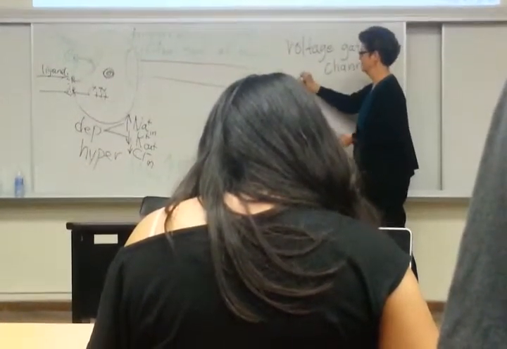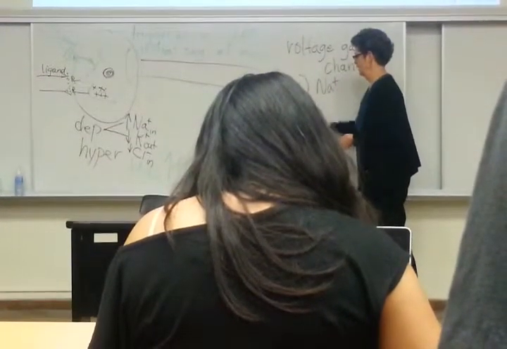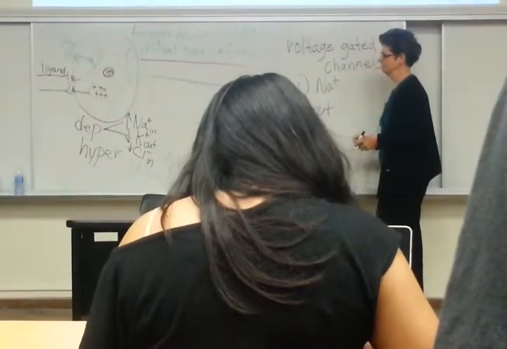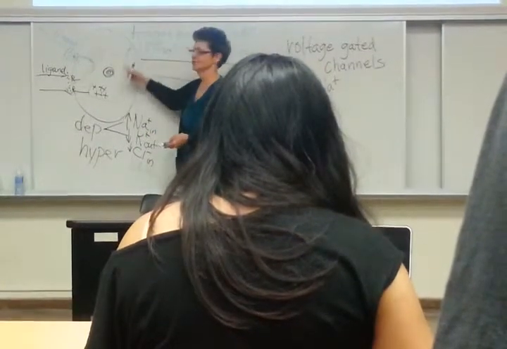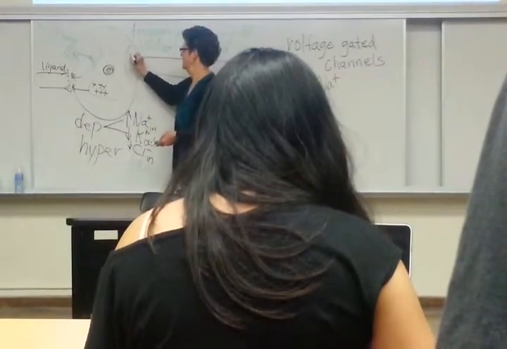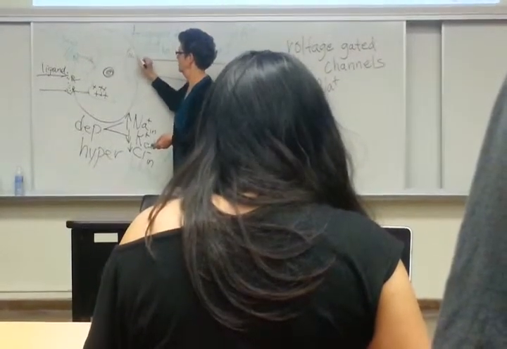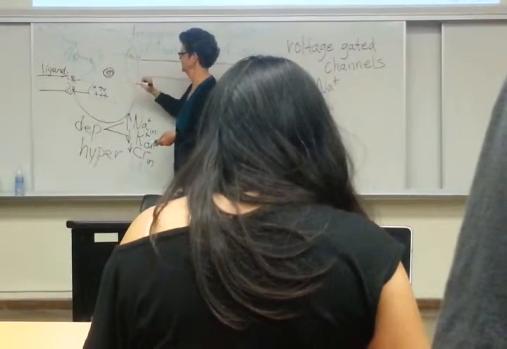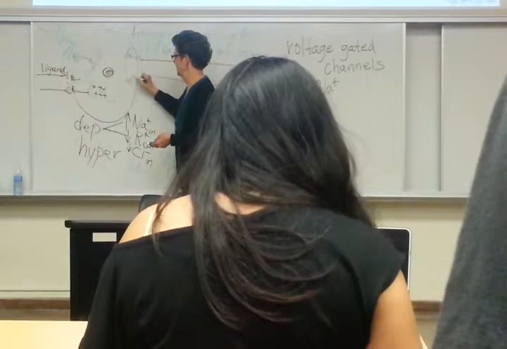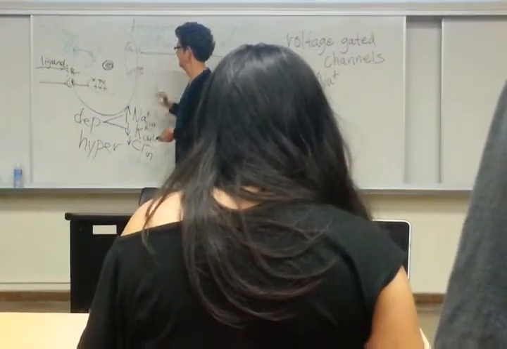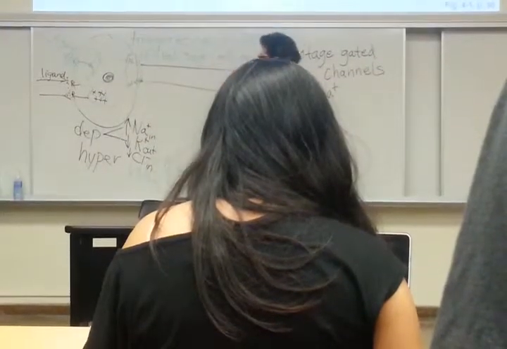You have two kinds of voltage gated channels, sodium and potassium. They're both located in this initial segment. So you've got sodium channels, and next door or around it you'll have potassium channels on both sides. So let's do two sodiums on this side, one potassium on that side. And they'll be around throughout the whole surface area there.